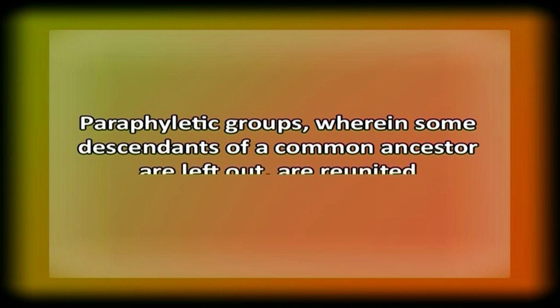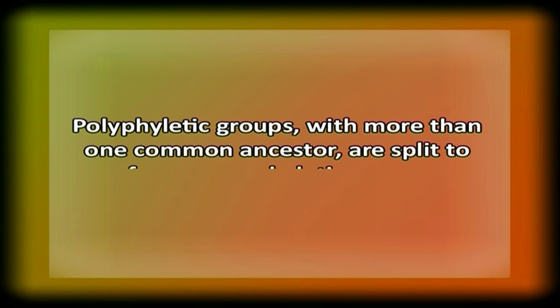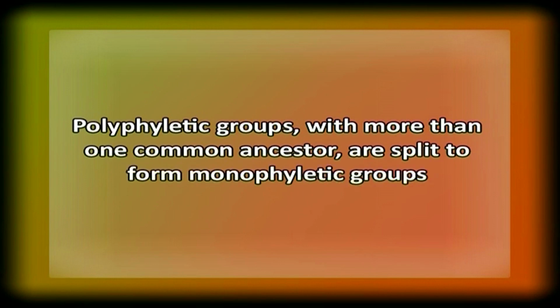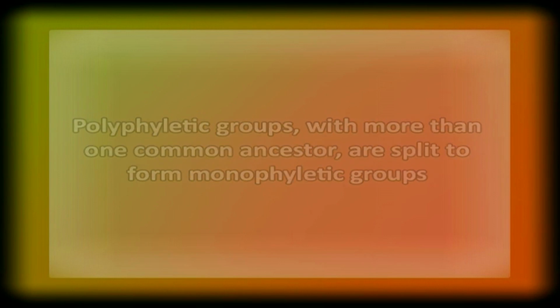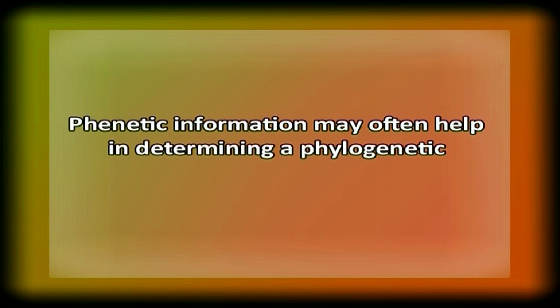Paraphyletic groups, wherein some descendants of a common ancestor are left out, are reunited. Polyphyletic groups with more than one common ancestor are split to form monophyletic groups. Phenetic information may often help in determining phylogenetic relationships.